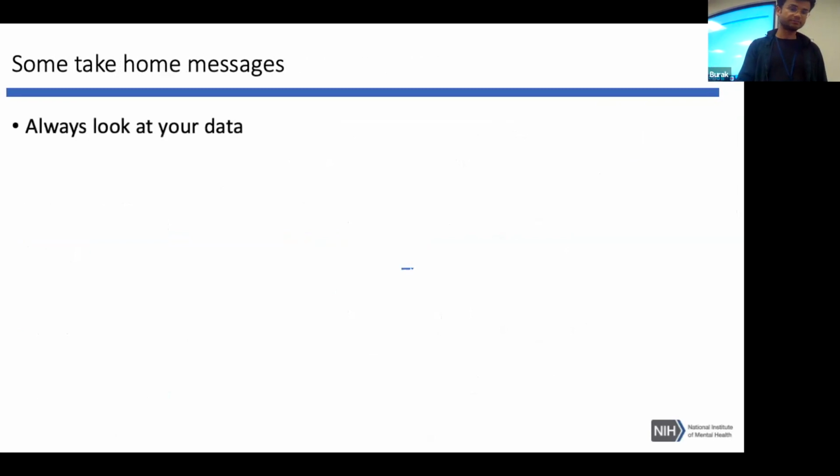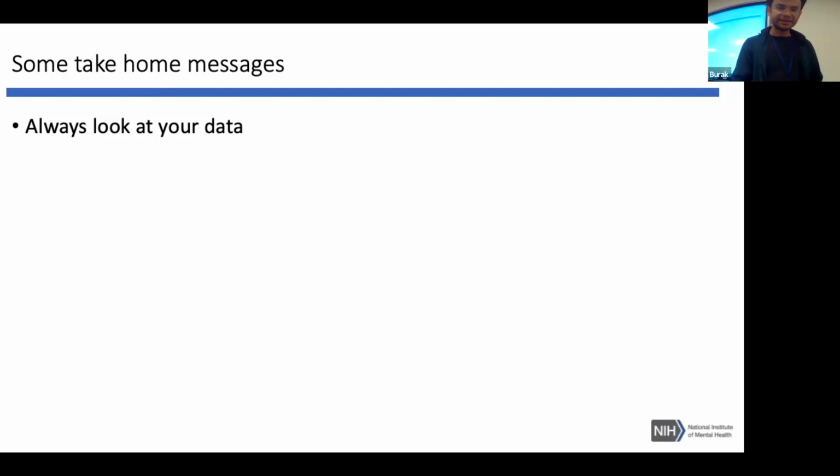So I'm approaching the end of this, and I have some take-home messages. You will be hearing this multiple times throughout this lecture series: we need to look at our data all the time. If you have hundreds of subjects and just apply the same pipeline, we shouldn't expect that all of them will come out the way they should, because a lot of things can go wrong inside the scanner.